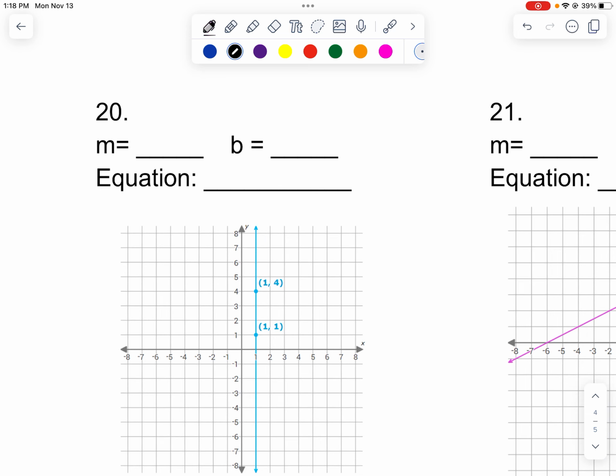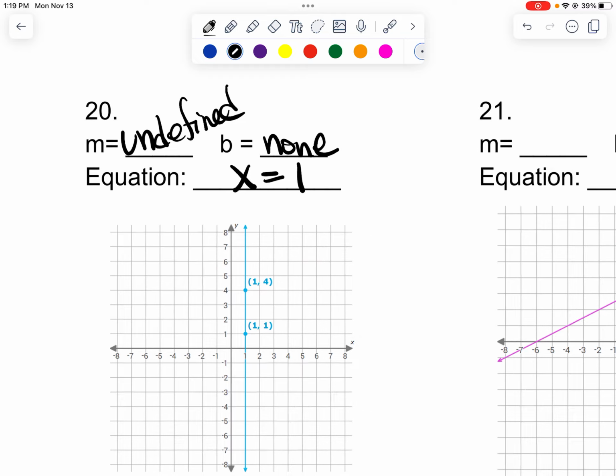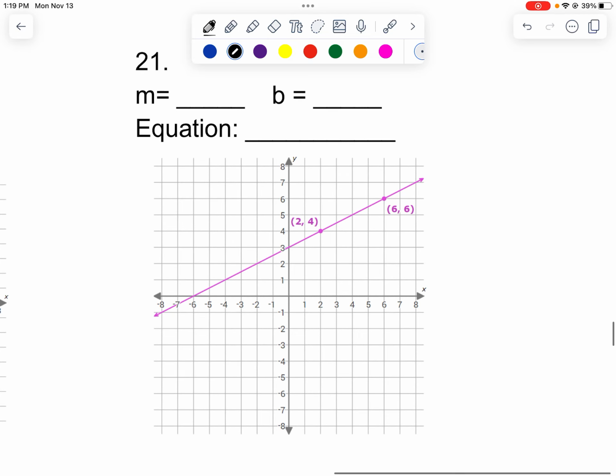Here, my slope on this one is undefined. It does not go through the y-axis, so there isn't one. The equation of this line is x equals 1. This one, my slope: I go up 2, I go over 4.